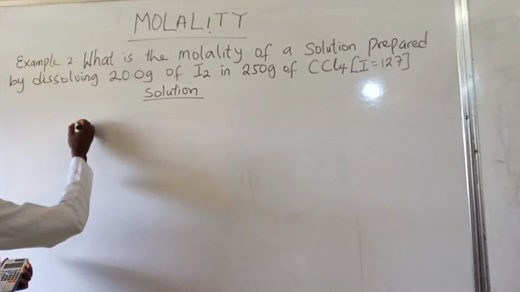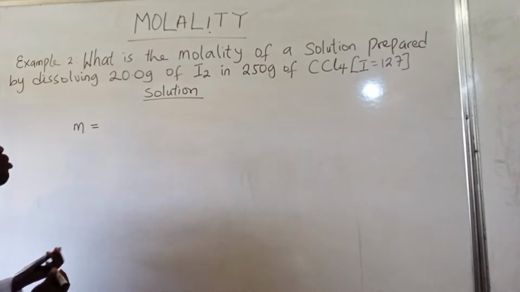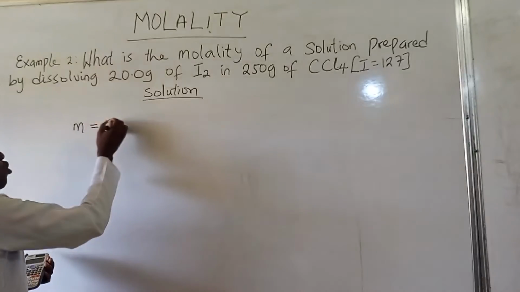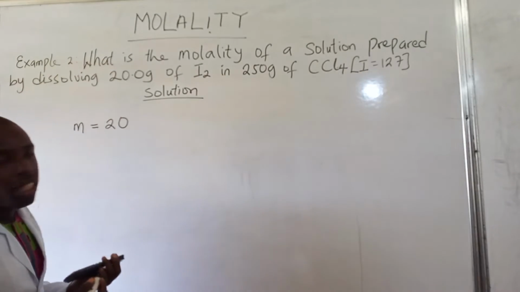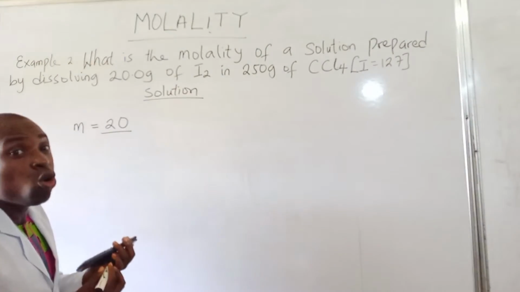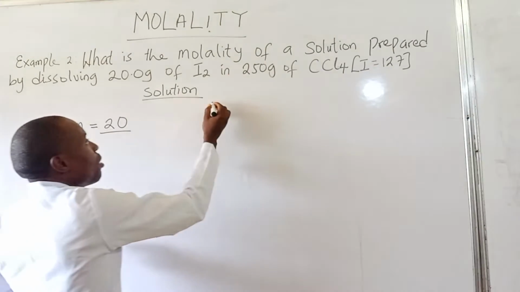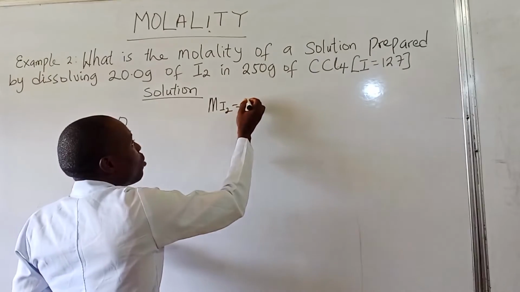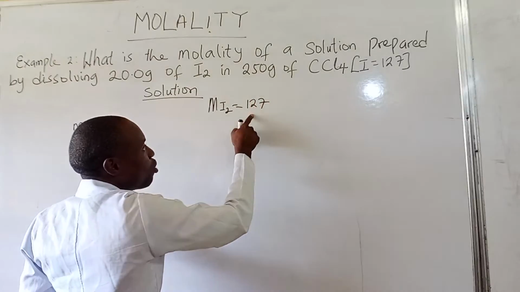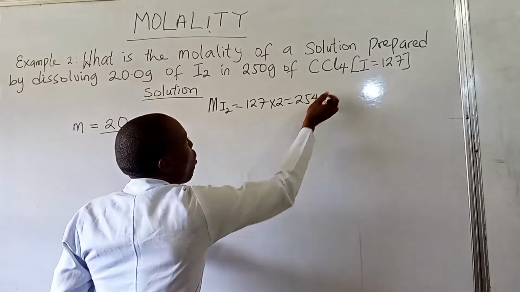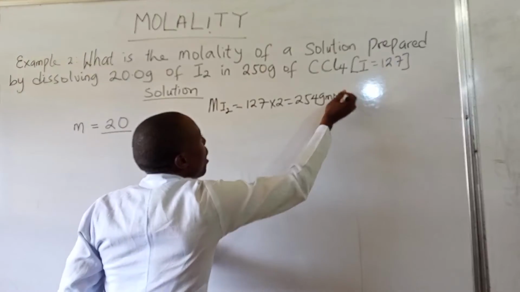From the shortcut, molality is equal to the mass of the solute, which is 20, over the molar mass of iodine, the solute. The molar mass of the iodine molecule: iodine is 127, which is the atom, multiplied by 2 to give me 254 gram per mole.